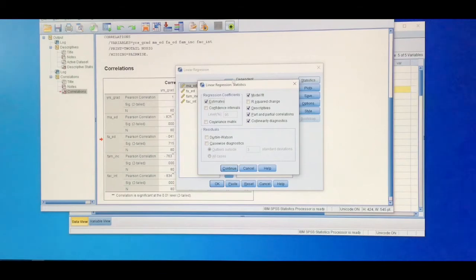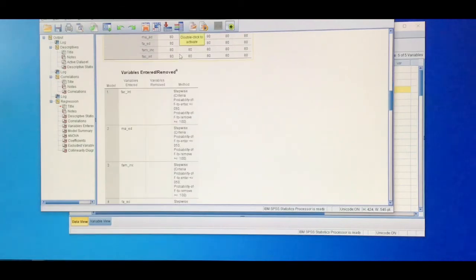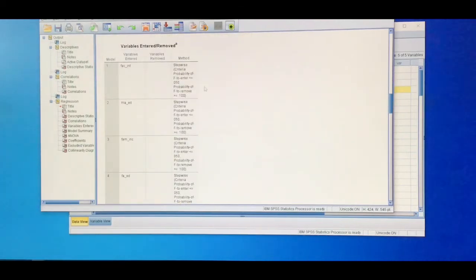If you want to include your descriptive, we've already done that. If you want to do it again, you can do so. And if you want to study your collinearity, it is also over there, and you can select and what gets removed. Yeah, look at this one here, your variable which is getting entered and removed.